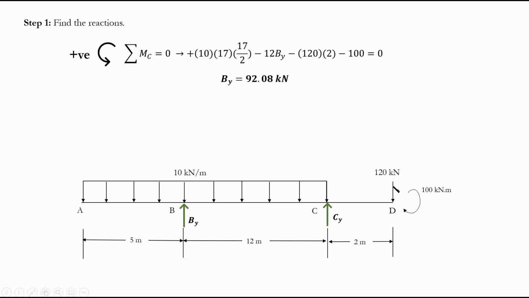From there, we can find our By value as positive 92.08 kilonewton, which means the reaction force is upwards. Then we take the summation of the forces in the y direction to find Cy: negative 10 times 17, my equivalent distributed load as a concentrated force going downward, minus 120, plus By, which I just found, 92.08, plus Cy, equal to 0.